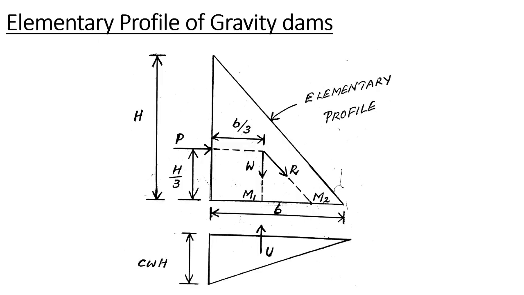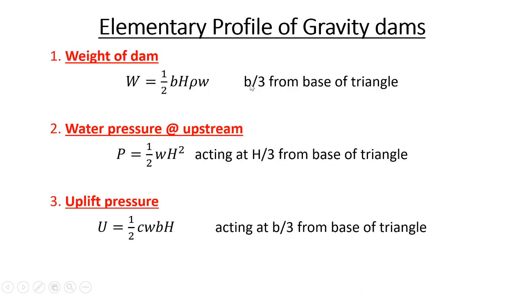And you know that this is the self weight of the dam, denoted by W. As it is a triangular shape, its centroid will be acting at a distance of b by 3 from the base of the triangle of the elementary profile.